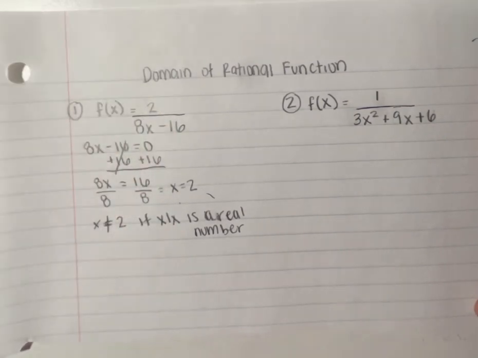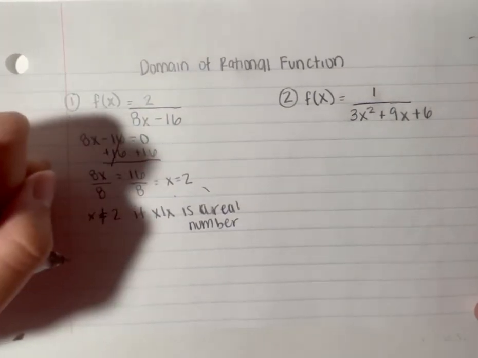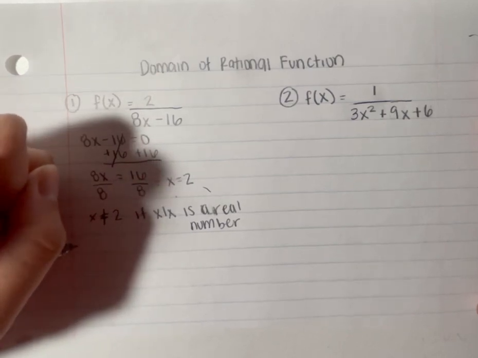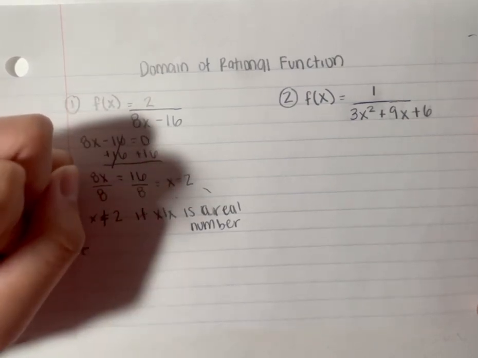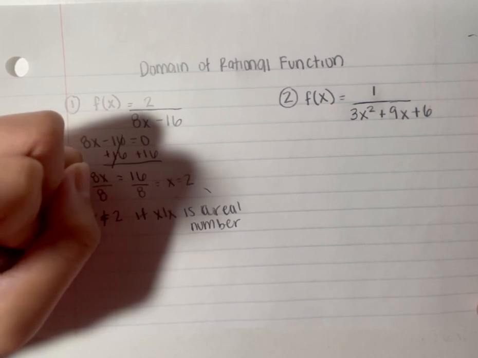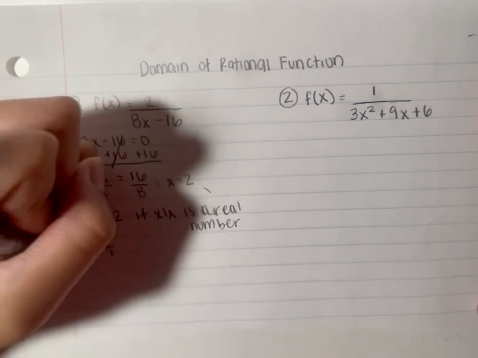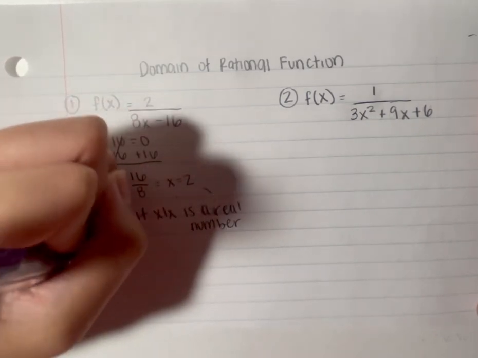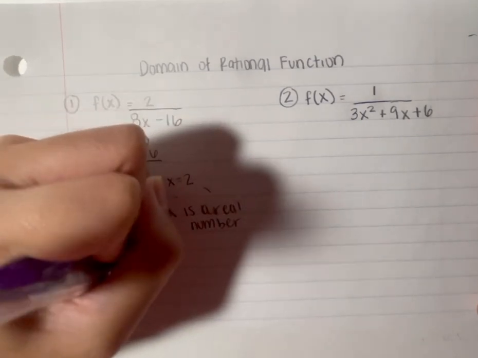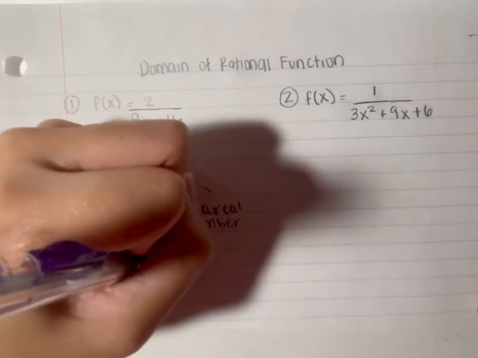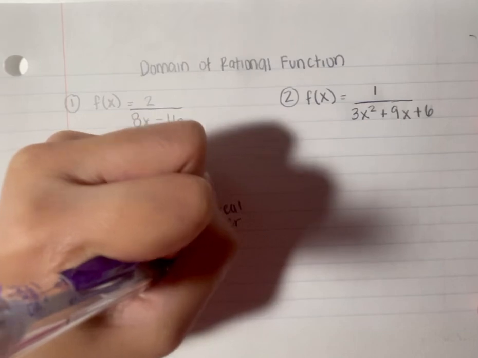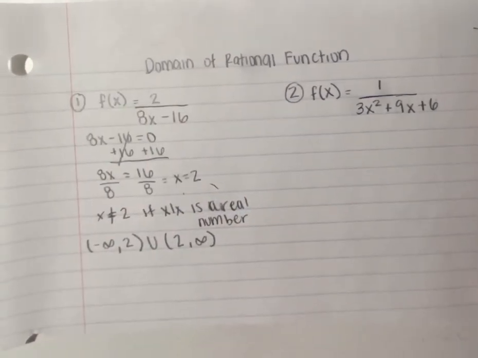Just define that a little bit. And then the interval notation would be parentheses negative infinity, comma 2, and then union, 2, infinity. There we go.